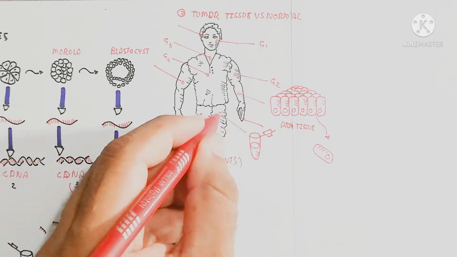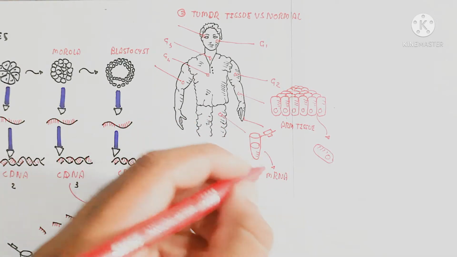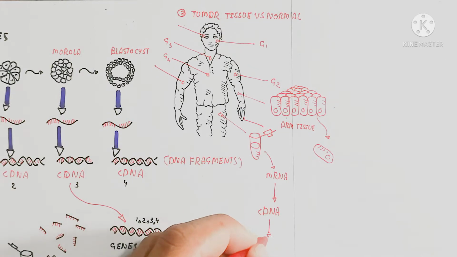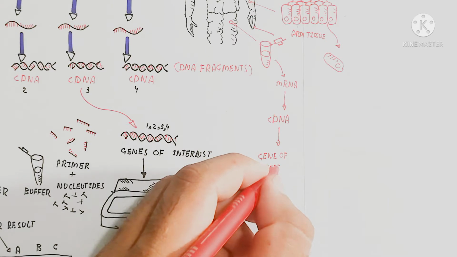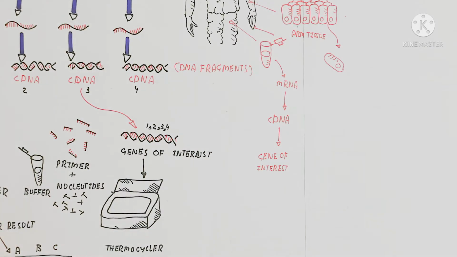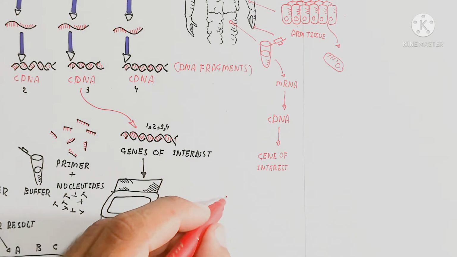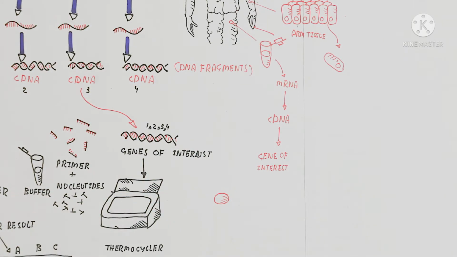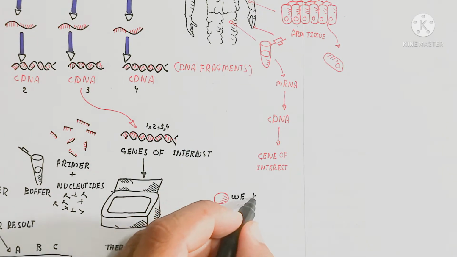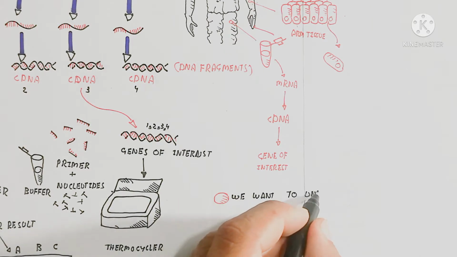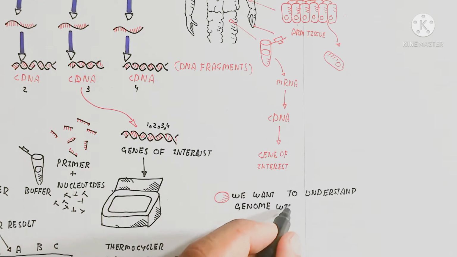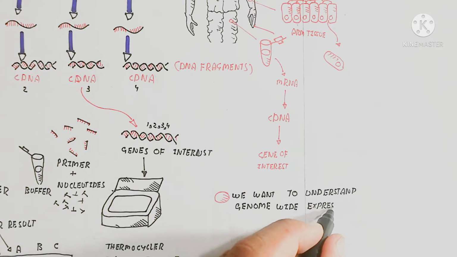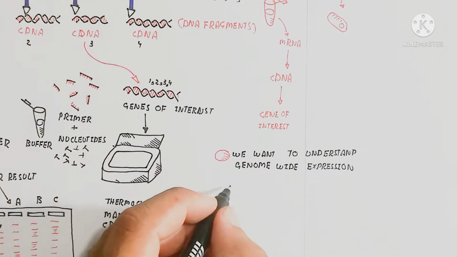We take different samples from different regions of the human body, for example arm tissue, eye tissue, etc. From this tissue we separate one cell to isolate the messenger RNA from the cytoplasm. The messenger RNA is put into the test tube, and complementary DNA production and the gene of interest we are getting.